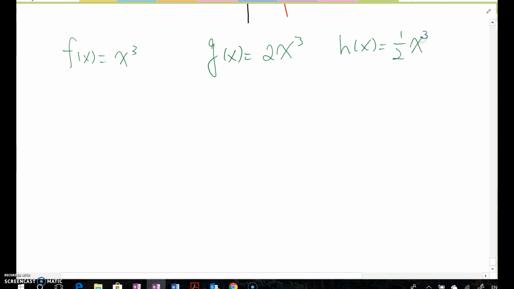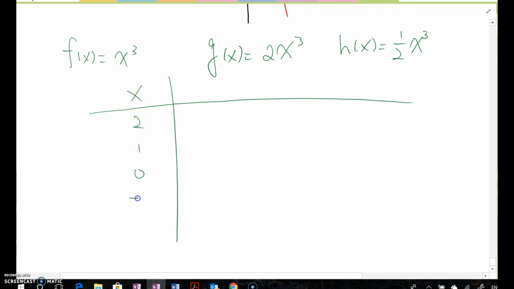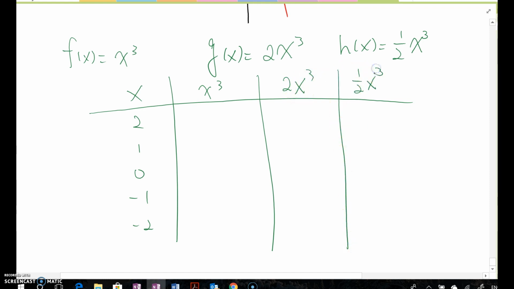To understand better, I'm going to make a table and then compare those values. So x values 0, 1, 2, negative 1, negative 2, and then this is x cubed, 2x cubed, 1 over 2 x cubed here.